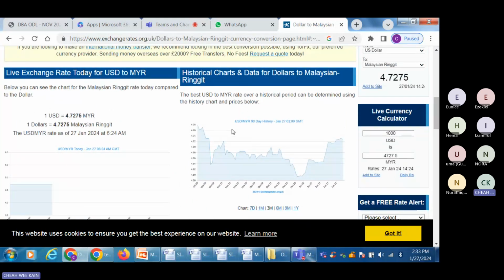You look at this graph, this is a 90-day history. 4.78 on October 29 to January, 4.7 something. So the currency rate actually goes up and goes down a little bit.